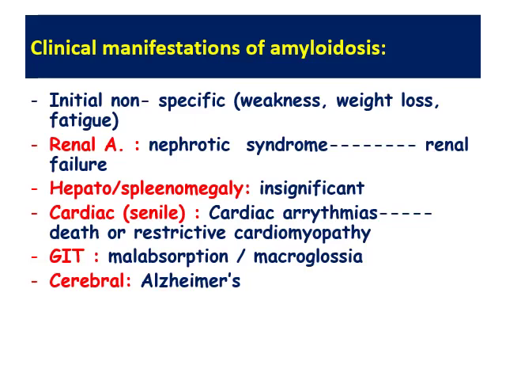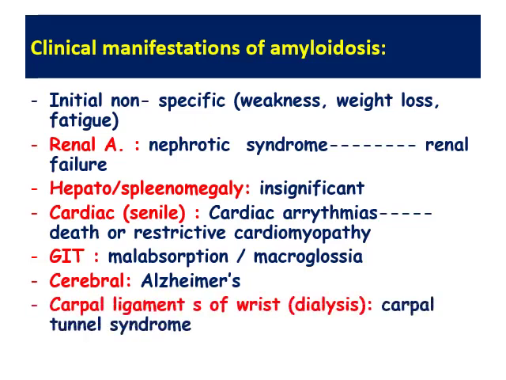GIT deposition of amyloid leads to malabsorption. A localized deposition of amyloid in the tongue may cause a mass and clinically macroglossia. Cerebral accumulation of beta amyloid leads to development of Alzheimer's disease, and it is seen in the plaques of Alzheimer's disease.